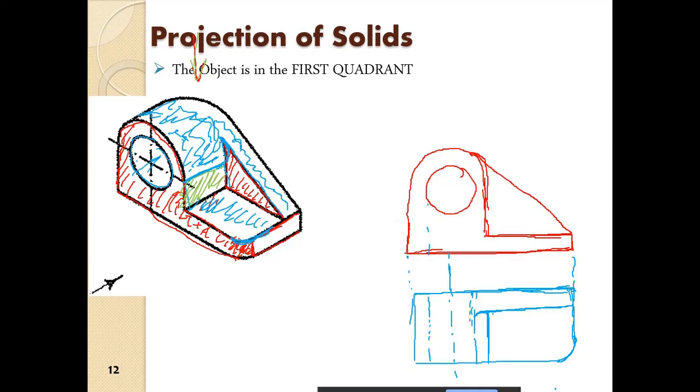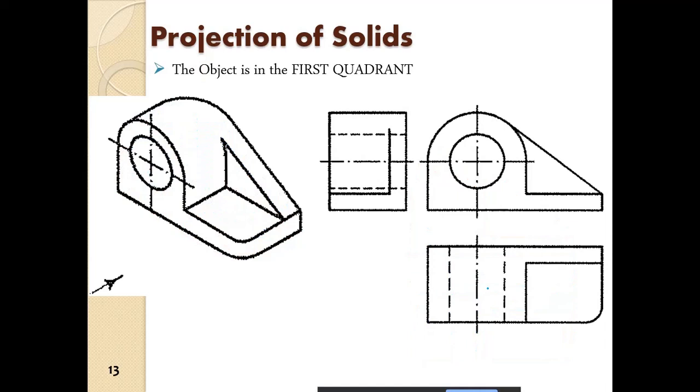So that we have to show in the drawing. Here they have not shown this part. Here they have shown. All right, so this is the view from this side.